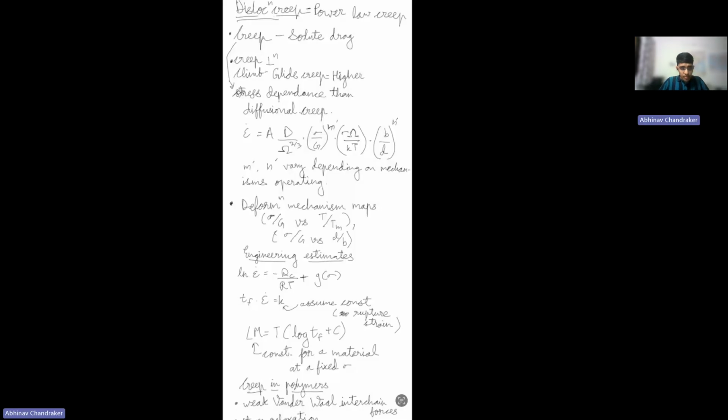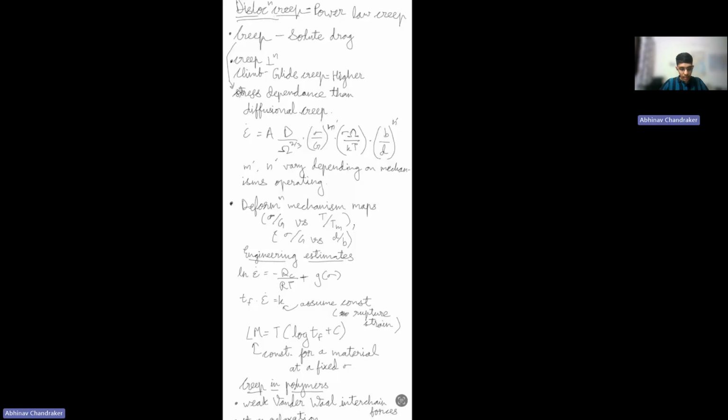Dislocation based creep can occur by multiple different mechanisms. One of the mechanisms can be that there are solute particles attached to the dislocation, so they are getting dragged as the dislocation is moving. Then we can have climb and glide creep.